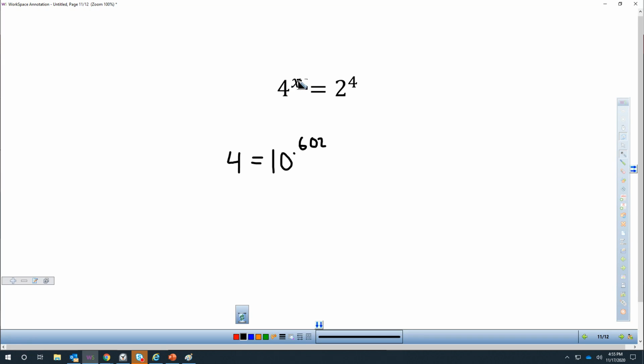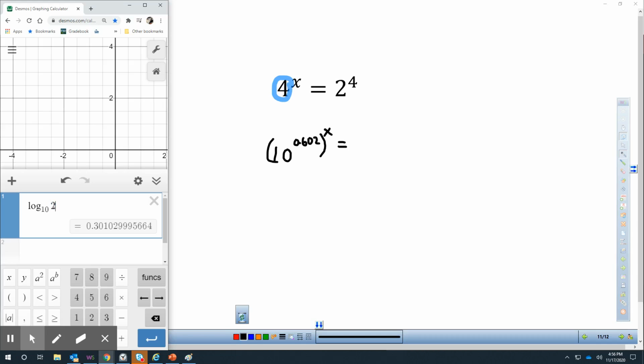So if I have 4 to the x, I can take this 4 and swap it out for 10 to the 0.602, so that'll give me 10 to the 0.602 to the x power. Okay, and then I've got to do the same thing with 2. So how many times do you multiply 10 by itself to get 2?